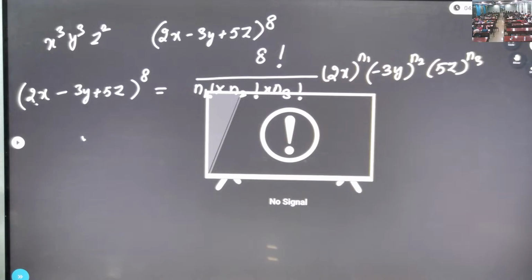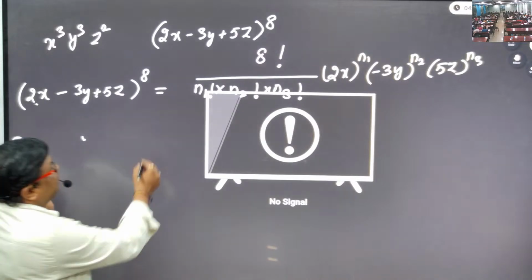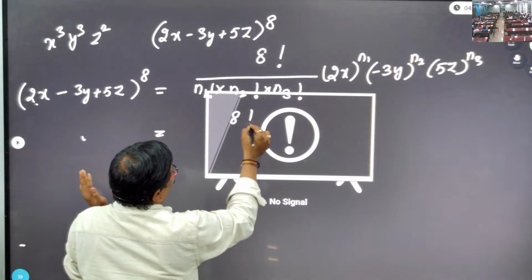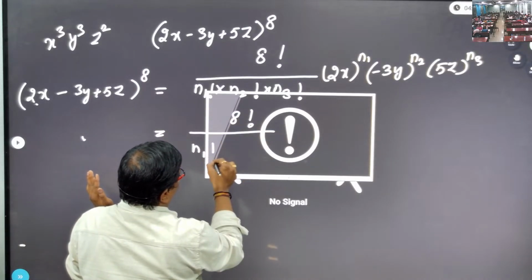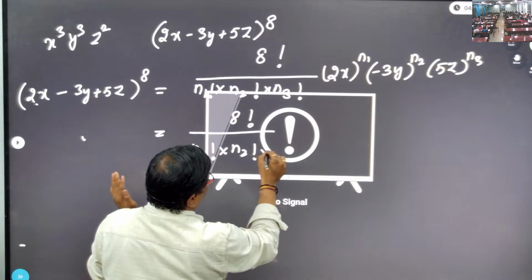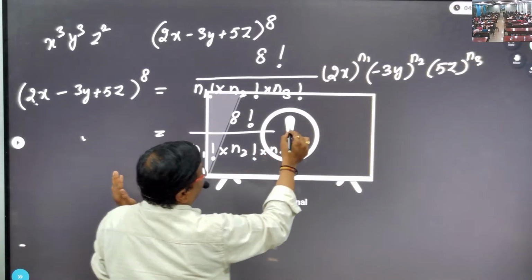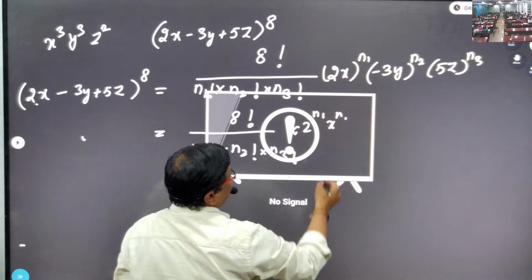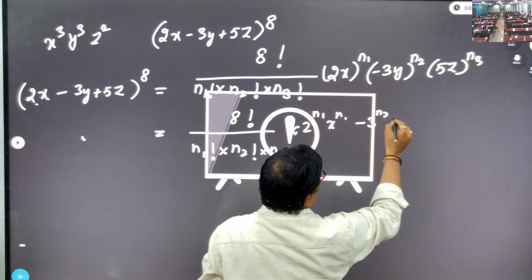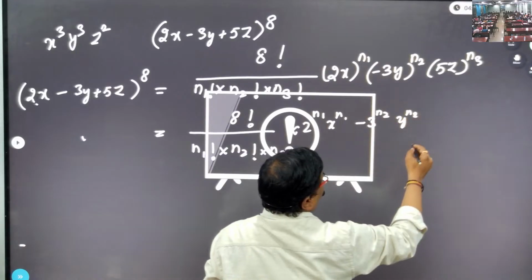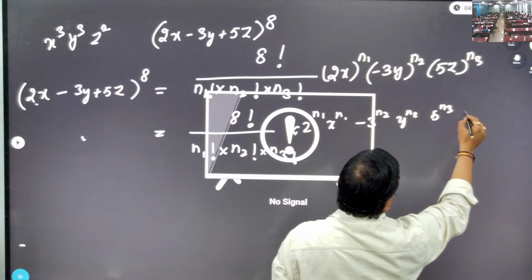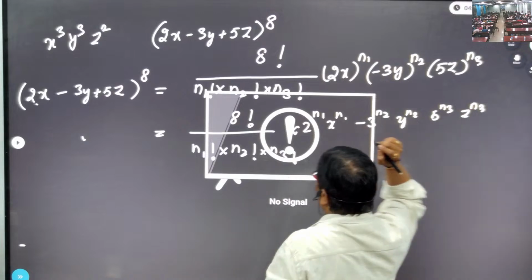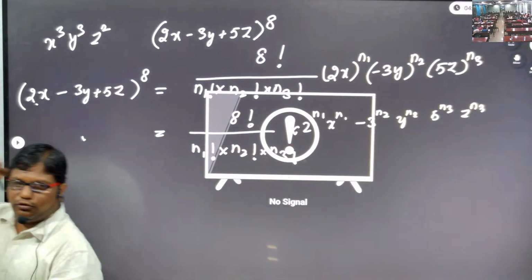Okay, so in the next step we will write that expansion itself. We will write: equal to 8 factorial by n1 factorial into n2 factorial into n3 factorial into 2 power n1 into x power n1, minus 3 power n2 into y power n2, into 5 power n3 into z power n3. Okay, those values we will be writing.